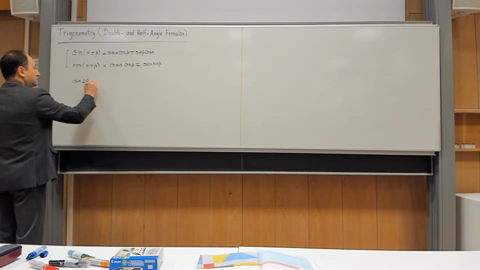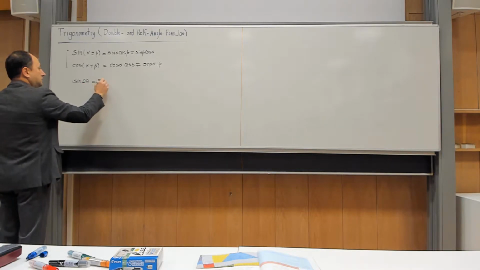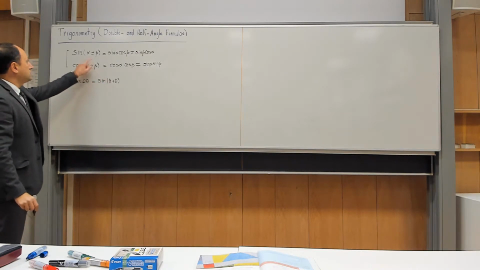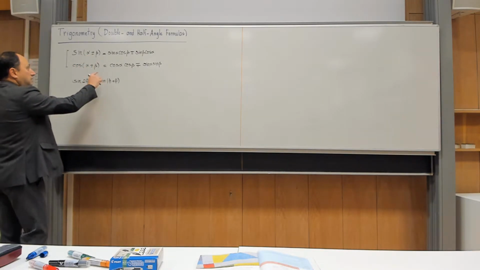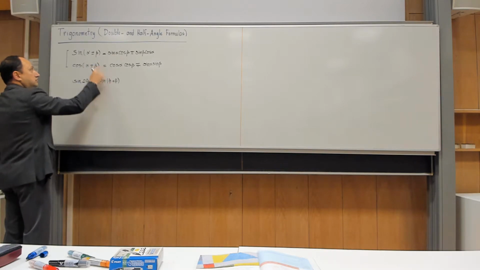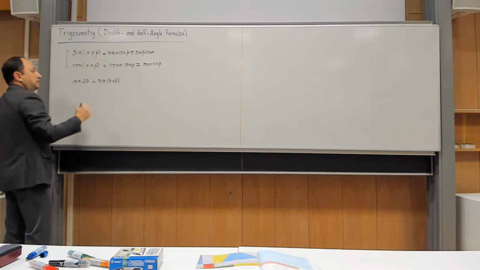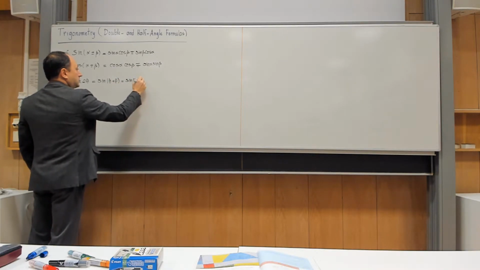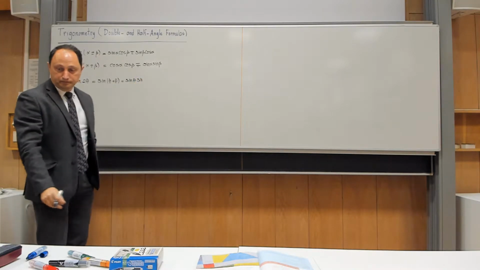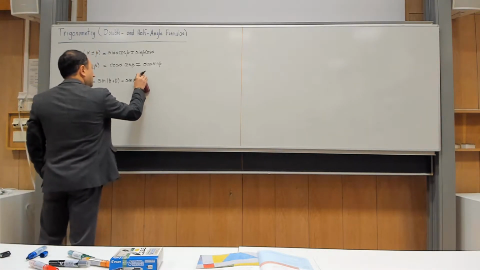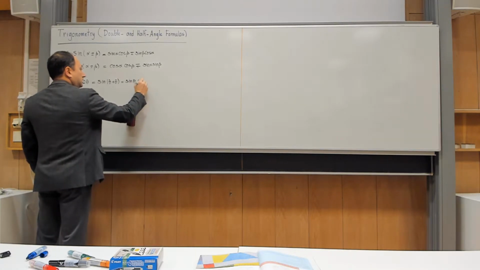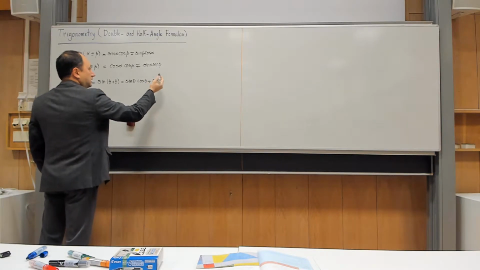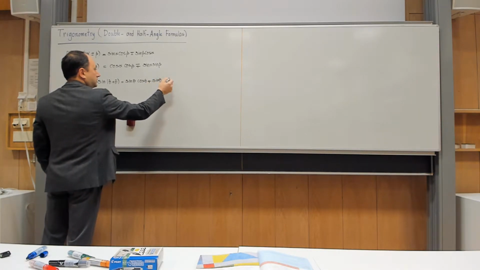If you remember, instead of 2 theta, I can imagine that this is theta plus theta. Then I can use this formula with the plus sign, giving the role of theta to alpha and the role of theta to beta. It becomes sine of the first one, sine of the second, cosine of the second one, plus sine of the second one, which is again theta, multiplied by the cosine of the first one, which is theta.